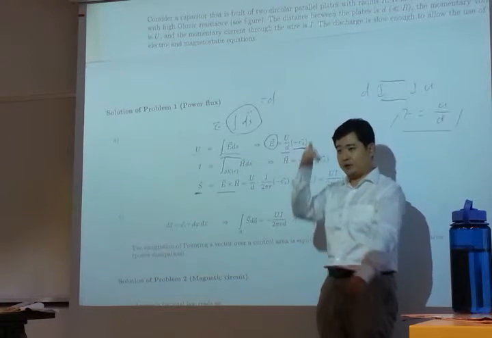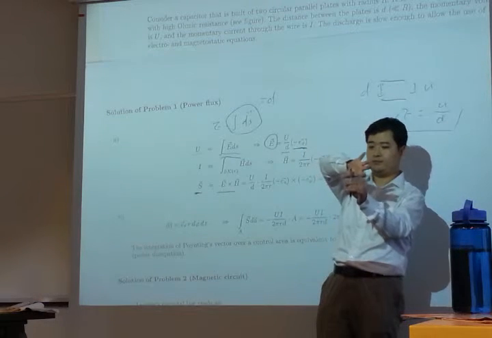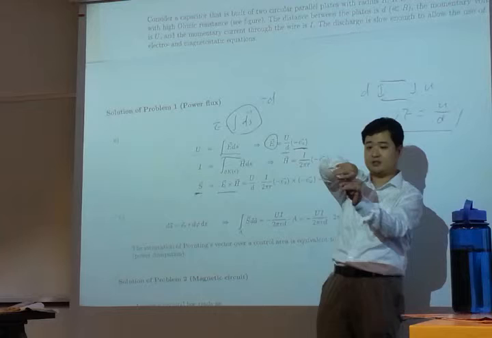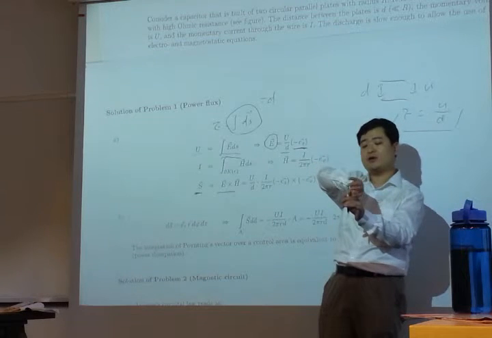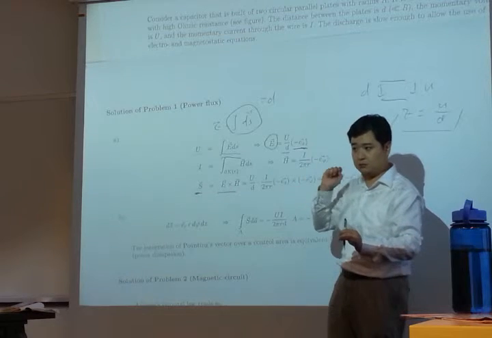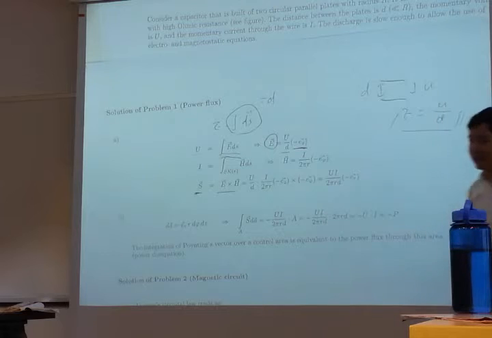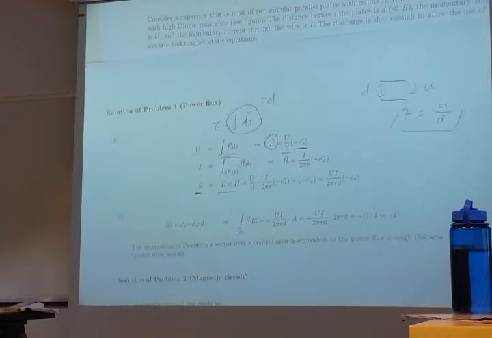Firstly, right-hand rule. For the current going down, this is the loop, right? Imagine your forefinger is surrounding. This is a loop, and this is the direction. This direction, if you look from the top, will be clockwise. Clockwise if you look from the top. So that direction, in a cylindrical system, what do we call that? In the cylindrical system we have three things: R, phi, and Z. That actually is phi because it's something rotational, right?